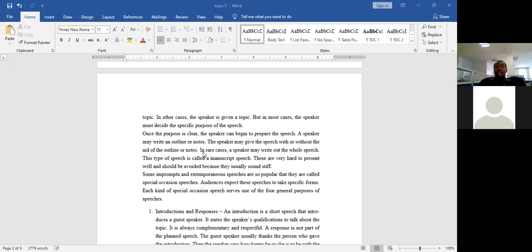Before the president stands during Madaraka Day or Labor Day, his speech is prepared, because it is known that on that day he must give a speech. So that one is called extemporaneous speech, and he knows where he will be giving the speech.